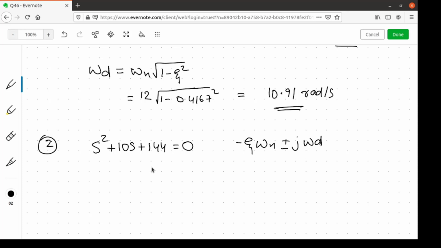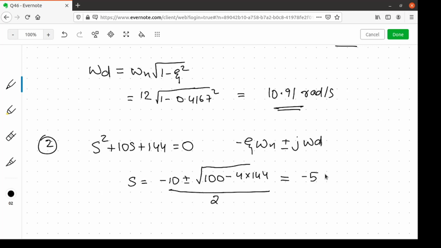So we can use the quadratic formula, that is s equals minus 10 plus or minus root of b square, that is 100, minus 4ac, that is 4 times 144, divided by 2. So that is equal to minus 5 plus or minus j 10.91.